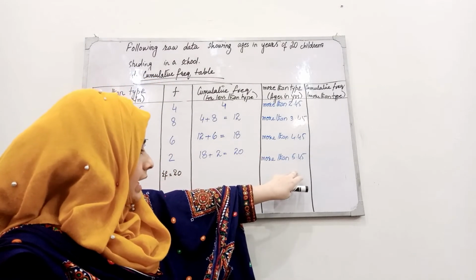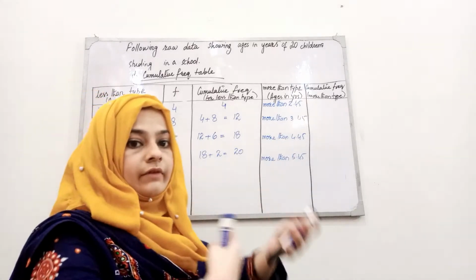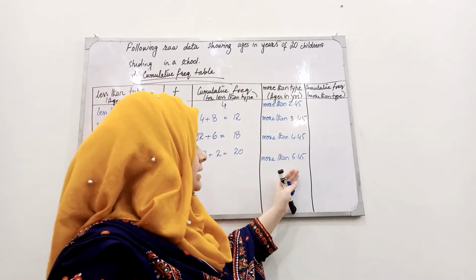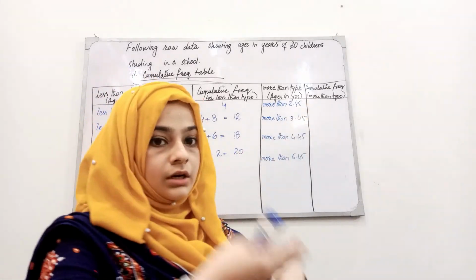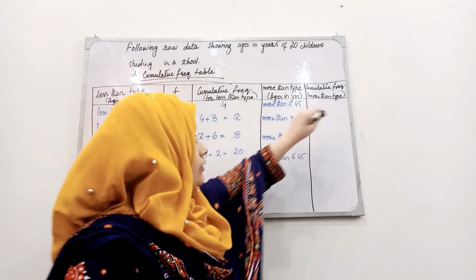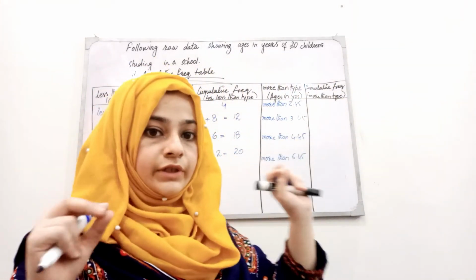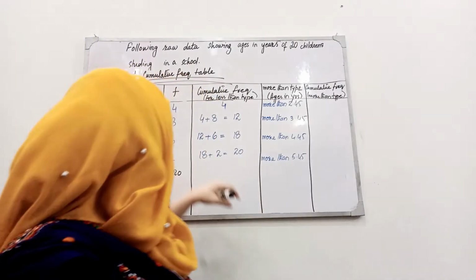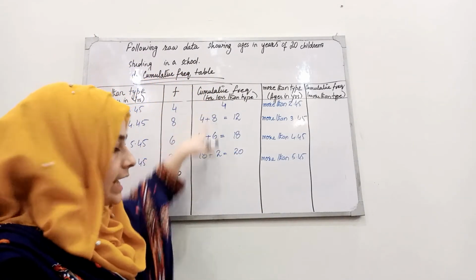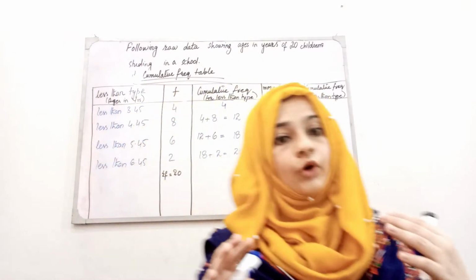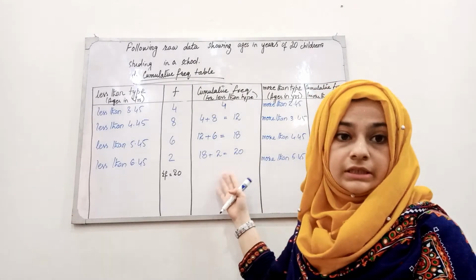Then for the more than type, we will take the more than value of the lower class limits, because for the upper class limit there is no such class. Now there is a difference in the cumulative frequency of the more than class. How will we calculate it? We were adding here. Now we will subtract here because the class was already falling into that class.